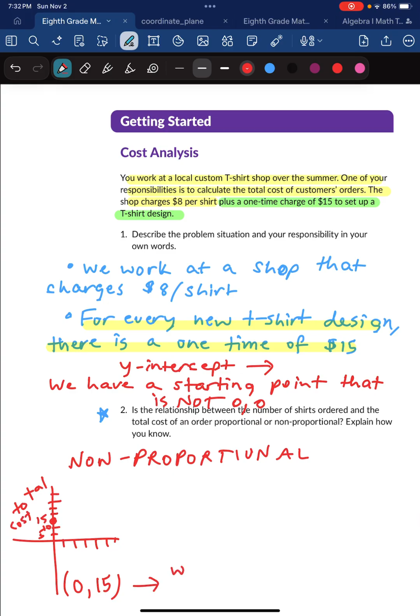And then we can go up by $8 per shirt from there. Okay, so that's how we know. We're going to have $8 per shirt, but we're going to have to pay that $15 to start out with.